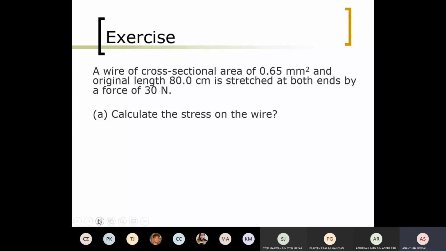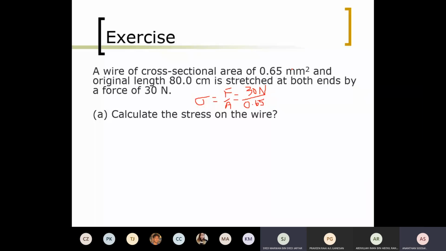Okay, warm up. What is stress? Stress is force over area. So what is the force you apply? 30 Newton. And what is the cross-sectional area? 0.65.